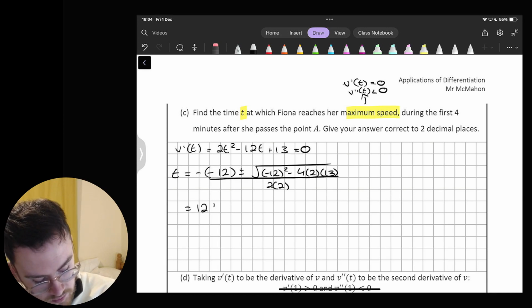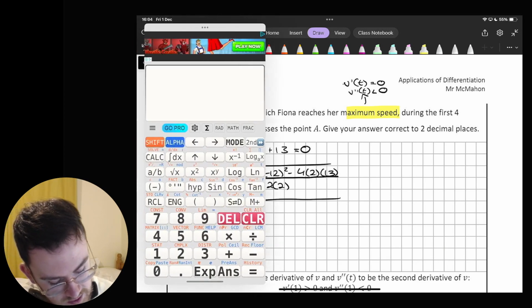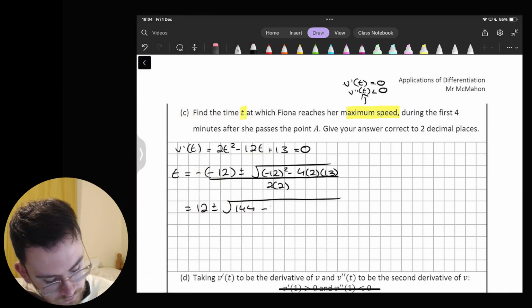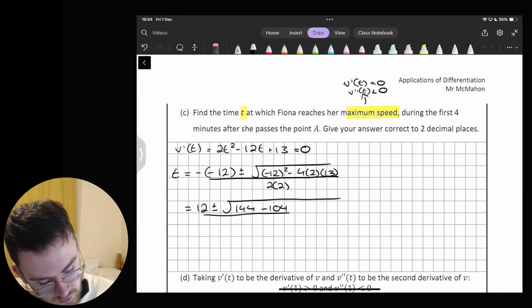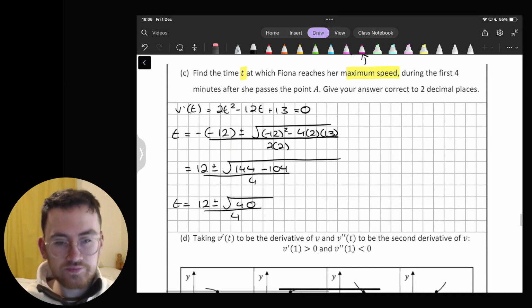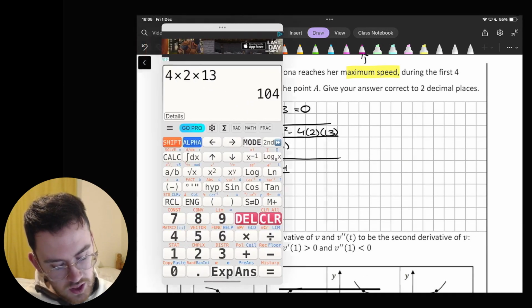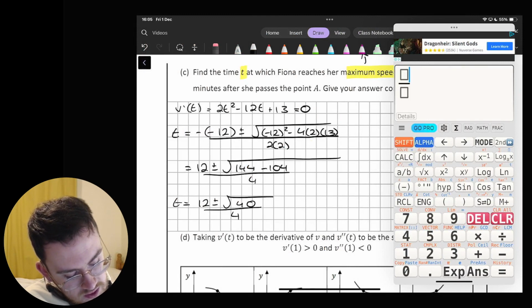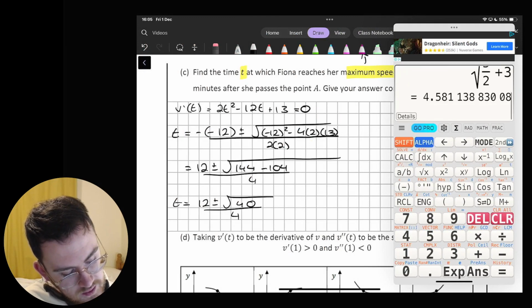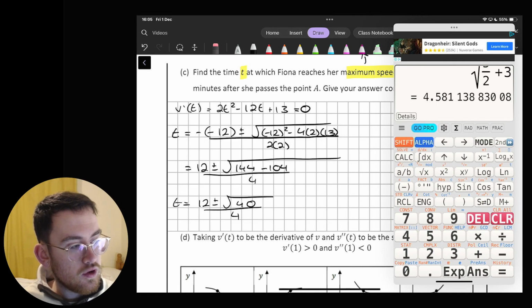So 12 plus or minus the square root of 144 minus 104, all over 4. So t is 12 plus or minus the square root of 40 over 4. Let's type that in. 12 plus root 40 over 4 gives me an answer of 4.58.